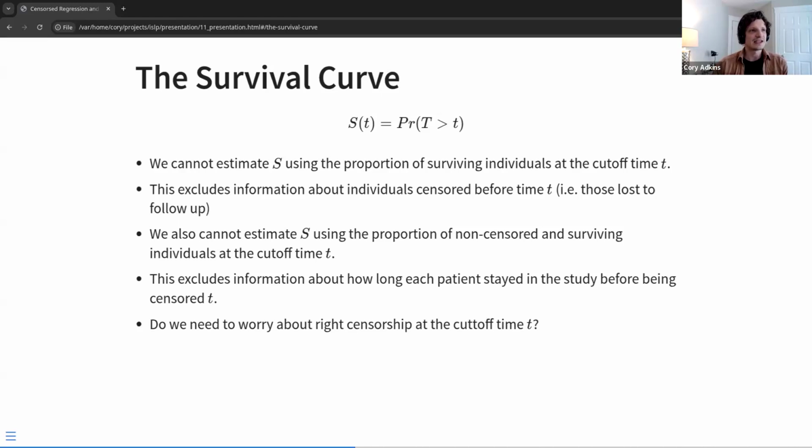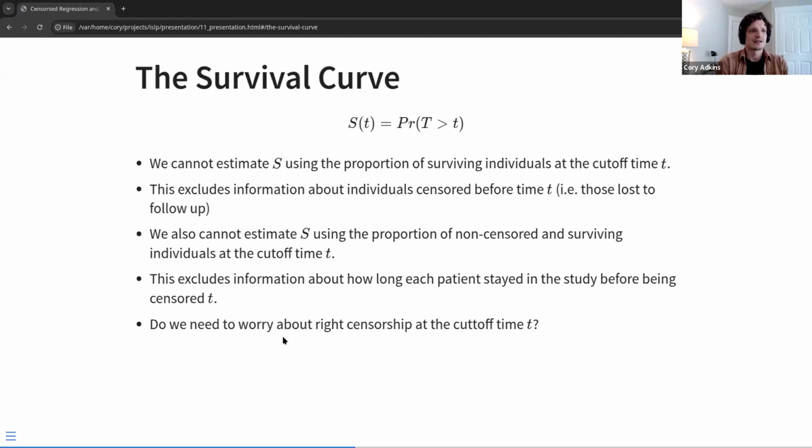And so if we wanted to make an estimator for this, we could just take the proportion of people who lived until time lowercase t, but that excludes information about people who were censored before time t, like if you quit the study or maybe died from another cause, if you're trying to study a particular cause.